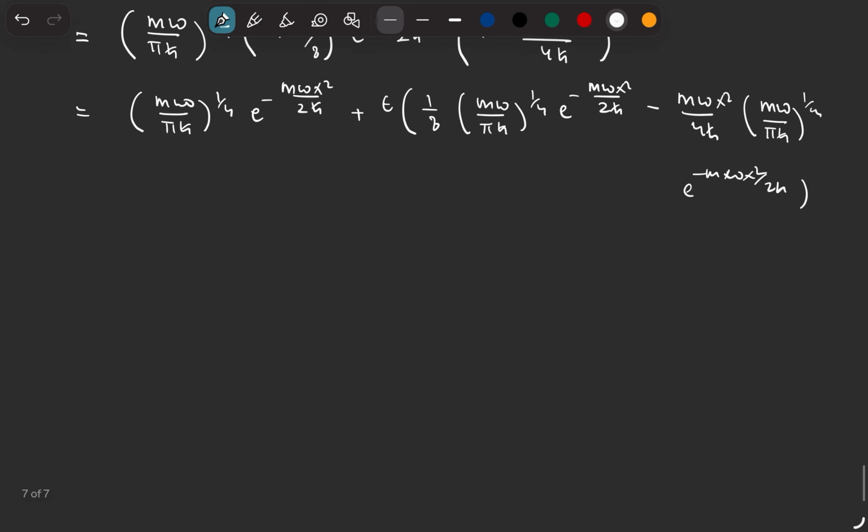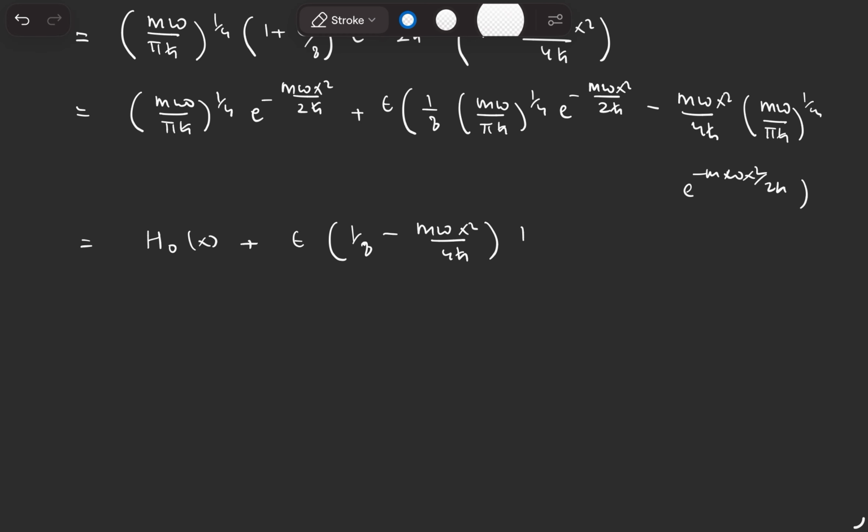And if you realize it, just to write it out, the first is the 0th order Hermite polynomial, the second one is epsilon times (1 by 8 minus m omega x squared upon 4 h bar), and the second is again a Hermite polynomial, not 0th order actually.